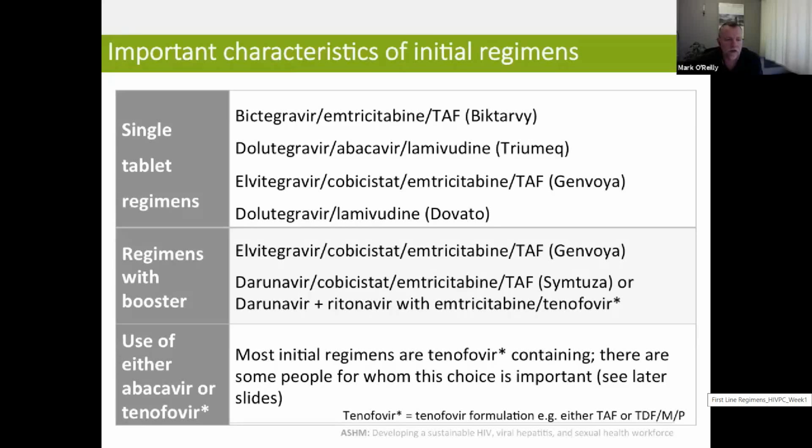When you look at the first-line regimens by way of which include a booster, so either cobicistat or ritonavir, TAF, emtricitabine and elvitegravir boosted by cobicistat, or Genvoya, is there, along with Symtuza, which is the fixed-dose combination of TAF with emtricitabine and cobi-boosted darunavir. Darunavir boosted by ritonavir can also be used with either Truvada or Descovy. And then the latter, so use of either abacavir or tenofovir.